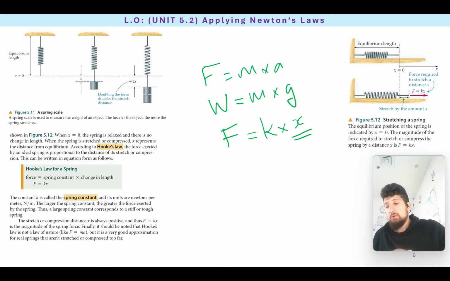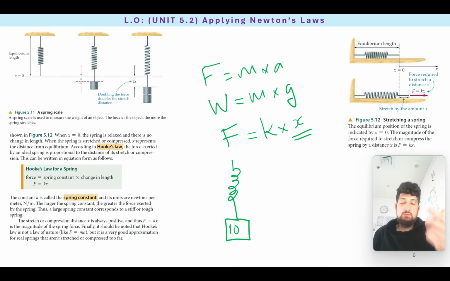So an example is, let's say, I have a spring, and I put a 1 kilogram mass on it, which is 10 newtons, just for ease of calculations. Now that spring has stretched by 10 centimeters. I'm going to make it really easy, 10 centimeters.